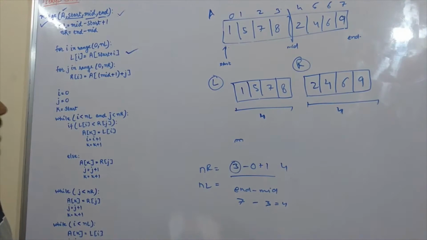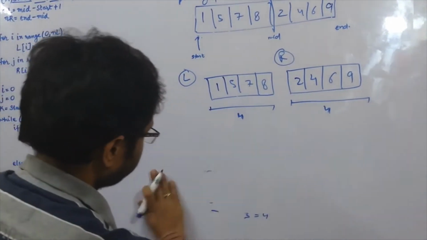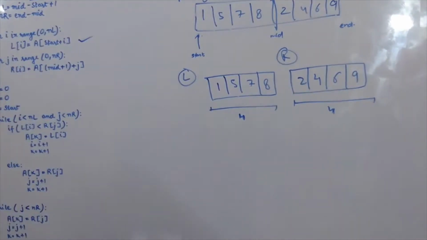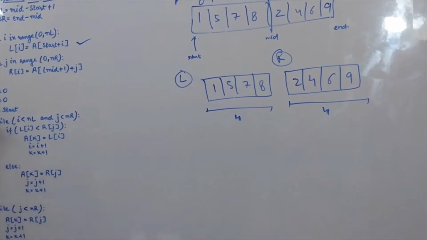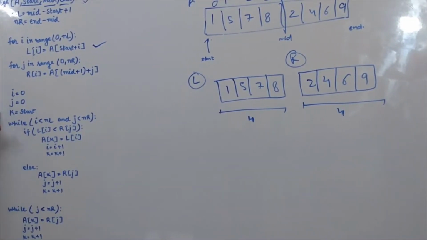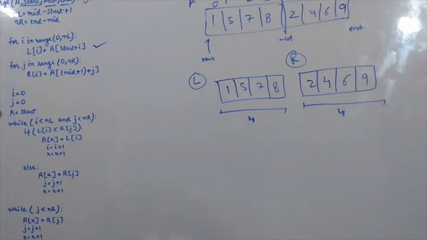So next, we will initialize both the I and j variables and the k variable.